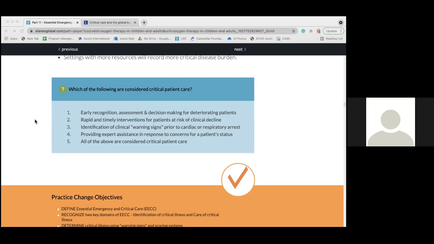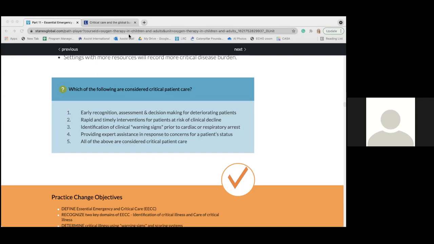The next thing is to summon appropriate help or expertise, depending on whatever is available or based on the patient's clinical condition. So you call for help so that you can provide maximum care for this particular patient whose condition is deteriorating. So all the 4 are correct responses and are considered elements of critical patient care.